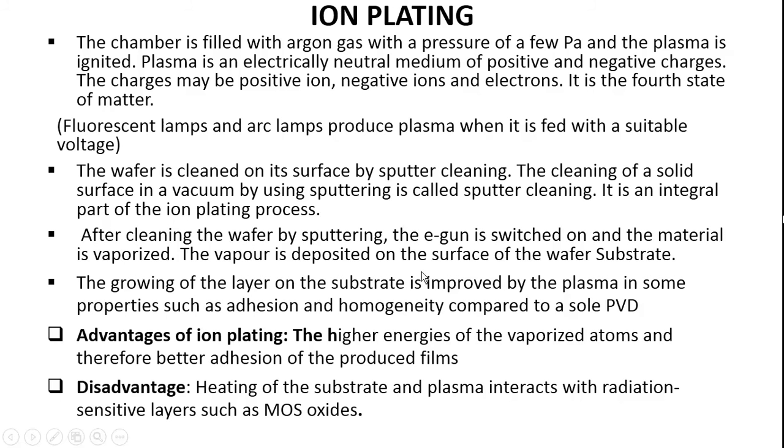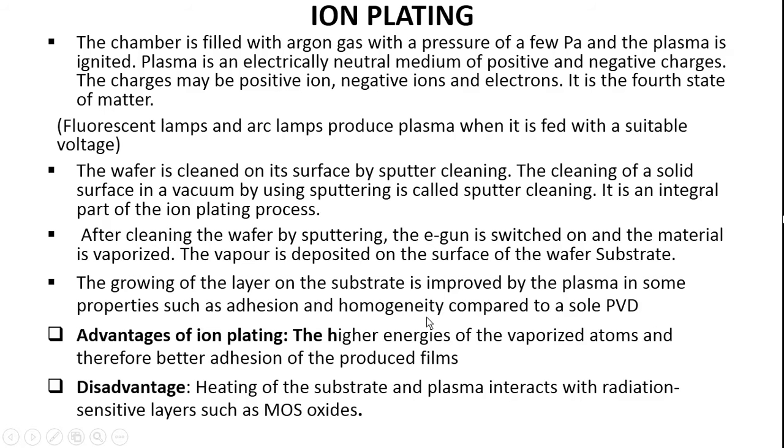The vapor is deposited on the surface of the substrate. The growing of the layer on the substrate is improved by this plasma in some properties such as adhesion and homogeneity, compared to a sole PVD. Sole PVD means a single PVD arrangement, in the case of evaporation methods.